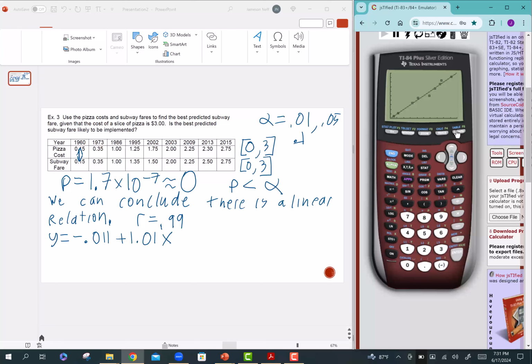Finally, the question here asks, what's the predicted subway fare if the pizza slice is $3? Well, that is our x in the equation. So I can simply say, well, then I have y equals, replace x with 3.